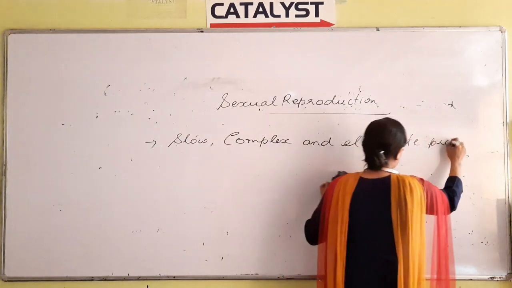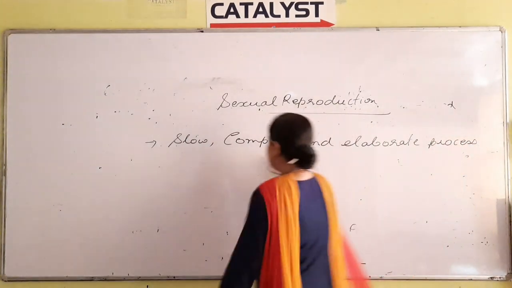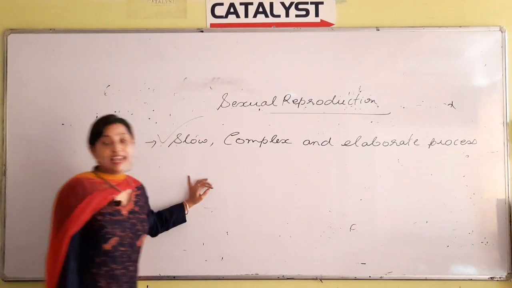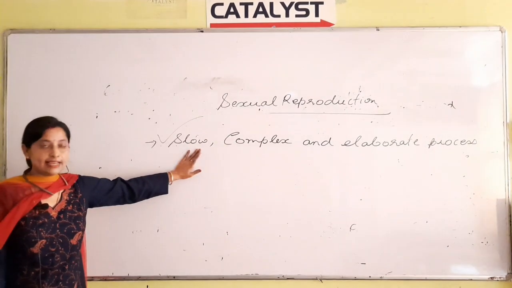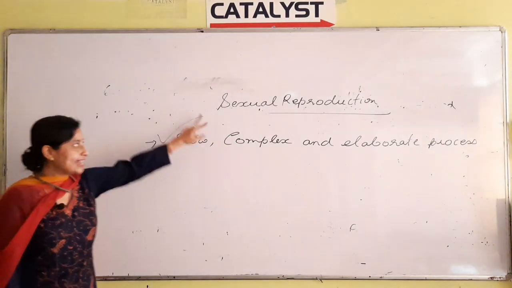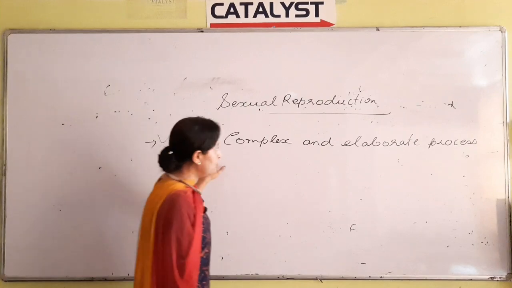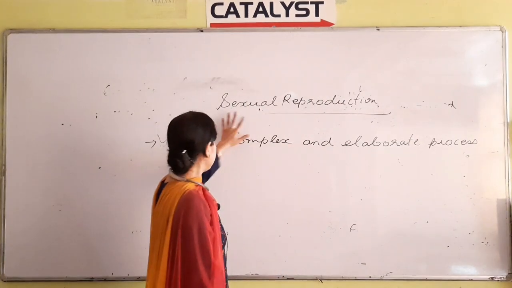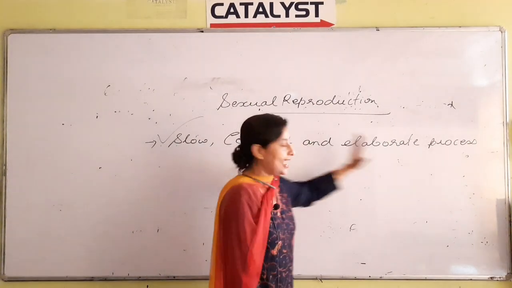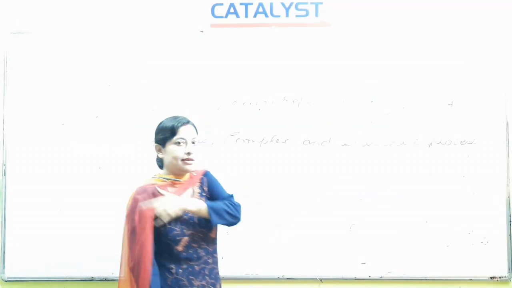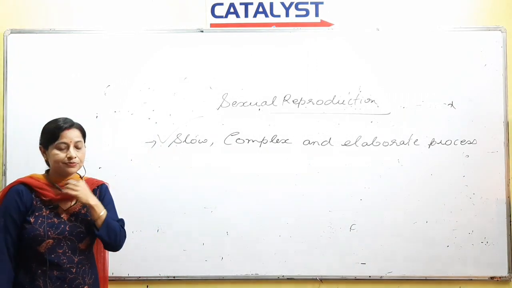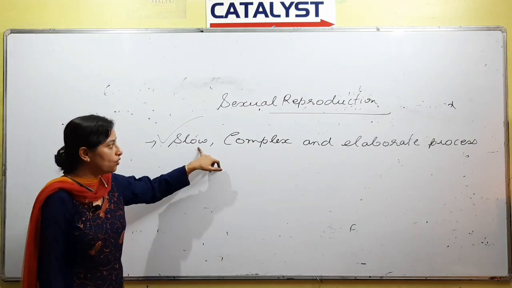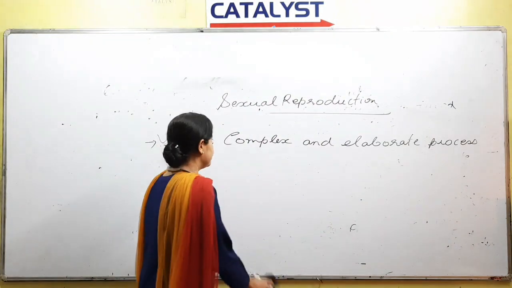This statement has come as an MCQ in entrance exams. The question is: sexual reproduction is a slow, simple and elaborate process, correct or false? It is false, because we know it is a slow, complex and elaborate process. So keep this statement in mind.